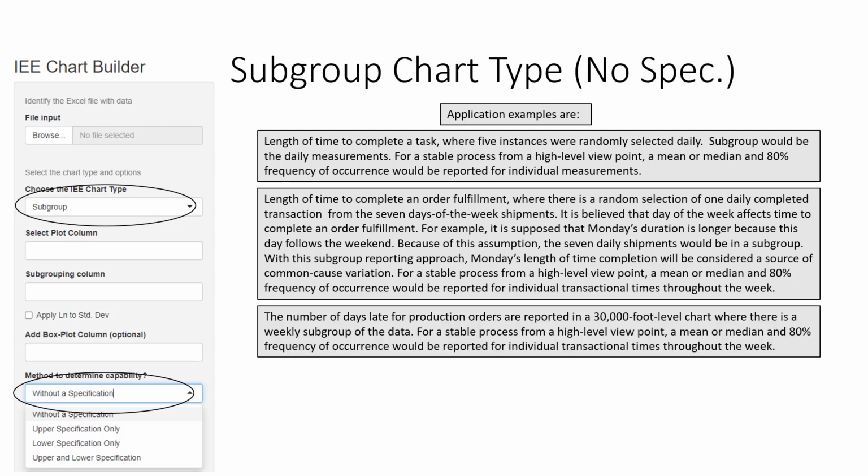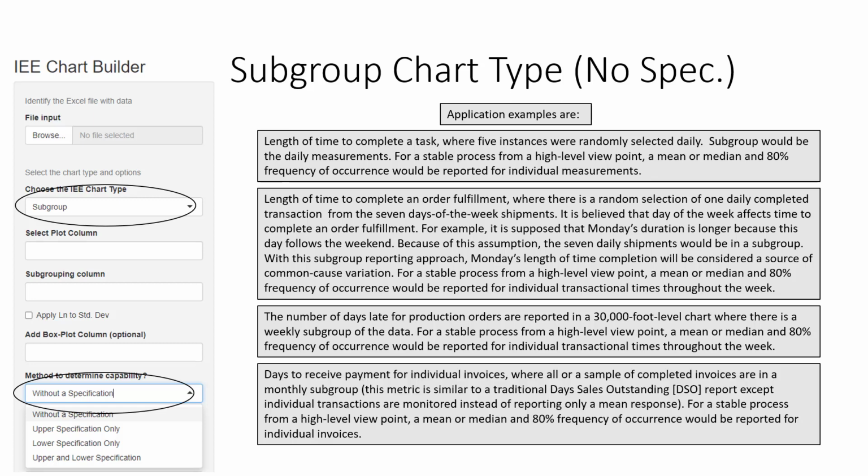The number of days late for production orders are reported in a 30,000 foot level chart where there's a weekly subgroup of the data. For a stable process from a high-level viewpoint, a mean or median and 80% frequency of occurrence would be reported for individual transaction times throughout the week. Days to receive payment for individuals' invoices, where all or a sample of completed invoices are a monthly subgroup.